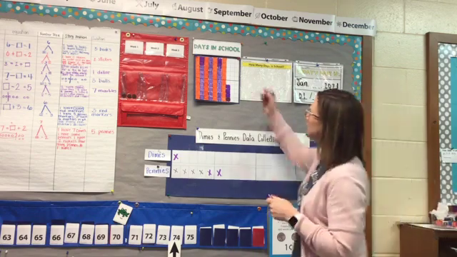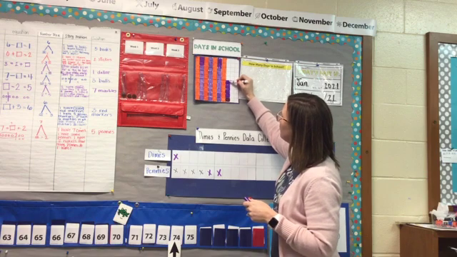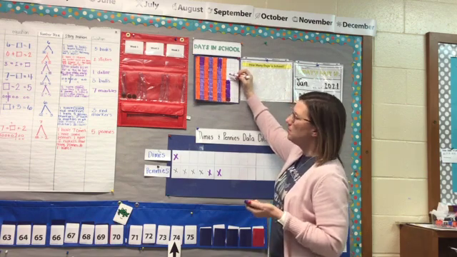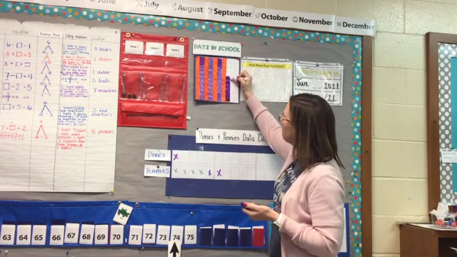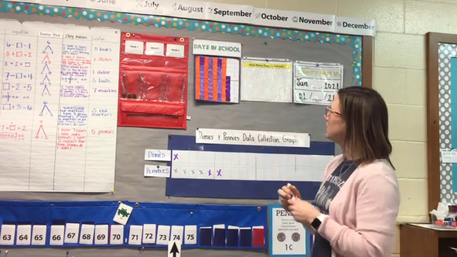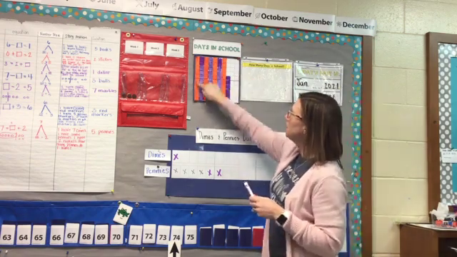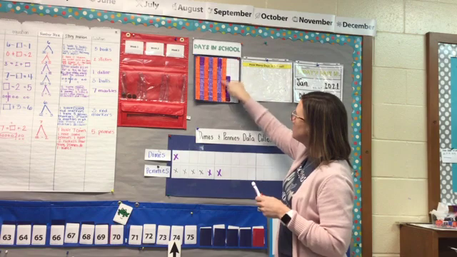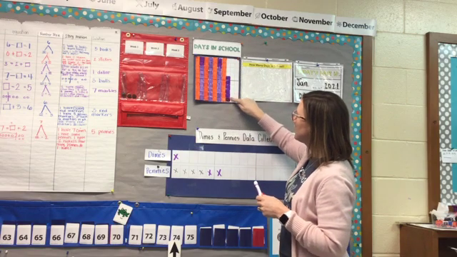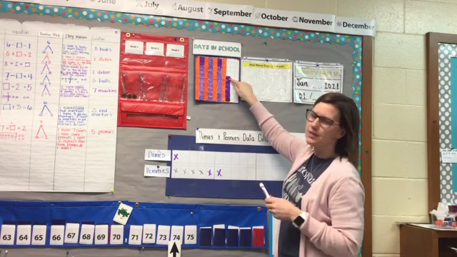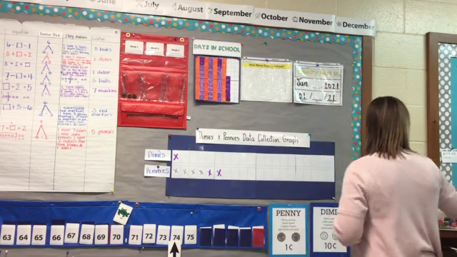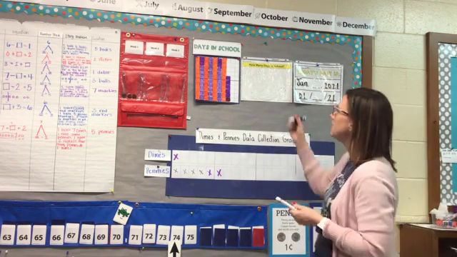All right, days in school. We need to count yesterday for a day in school, and then today. So if we look to see, we have 50, 60, 70, 75, 76. We've been in school for 76 days.